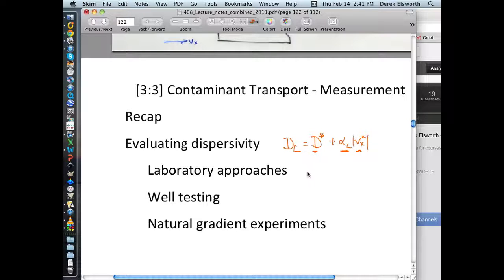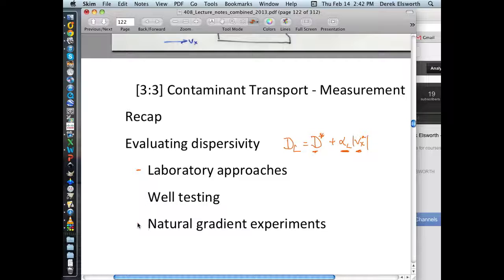And so you can imagine there are a variety of ways of doing that. You could do it in the laboratory, which is one way to do it. You could do it in the field in either of two ways. One is by using some kind of well test, where you induce some flow. And we can think of a couple of configurations for doing that.